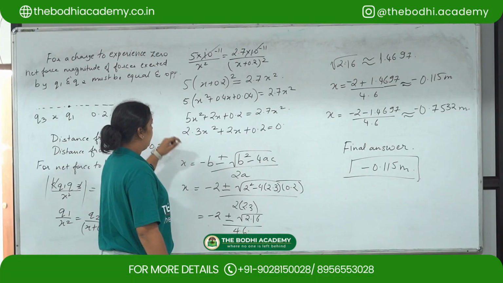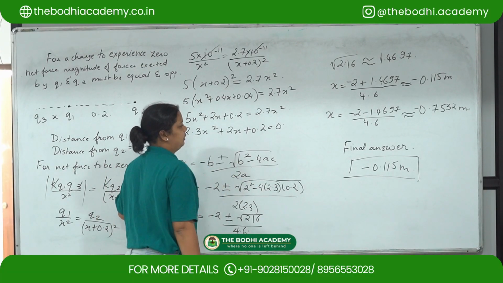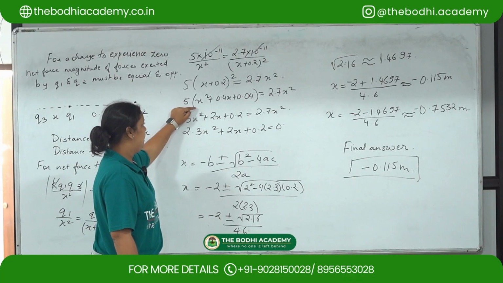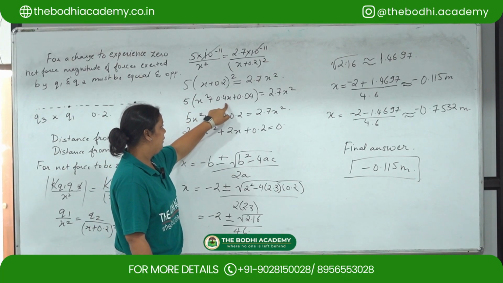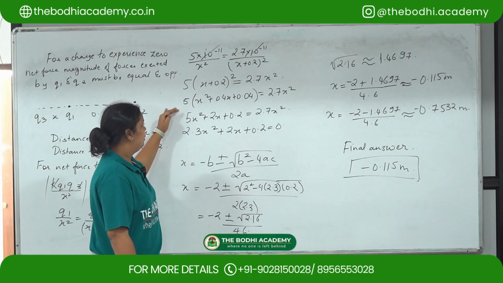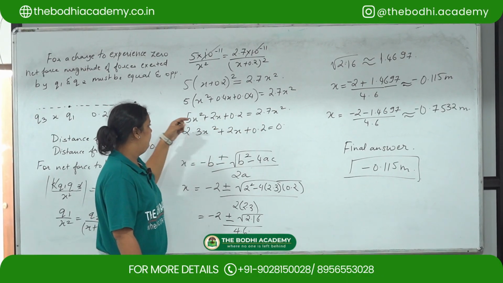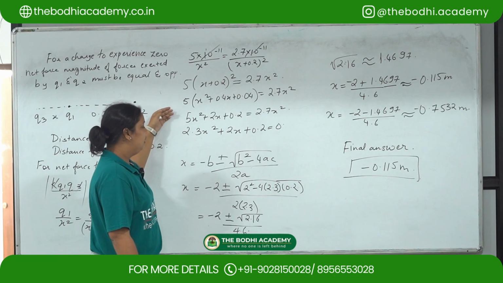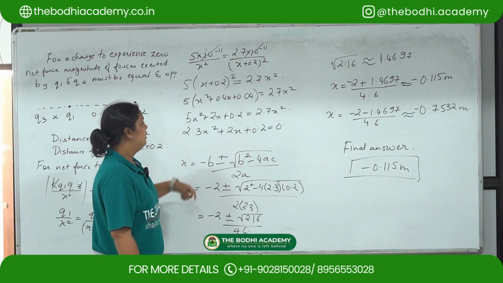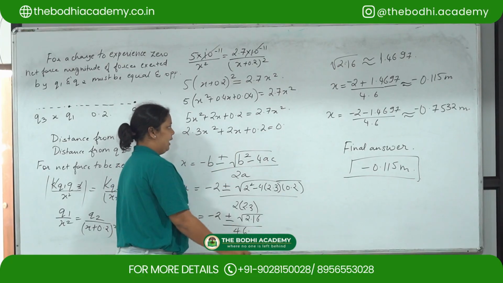So expanding this by using the a plus b the whole square formula, we will get x square plus 0.4x plus 0.04. After multiplying 5 to each and every term in the bracket, we will get 5x square plus 2x plus 0.2, and this will be 2.7x square.